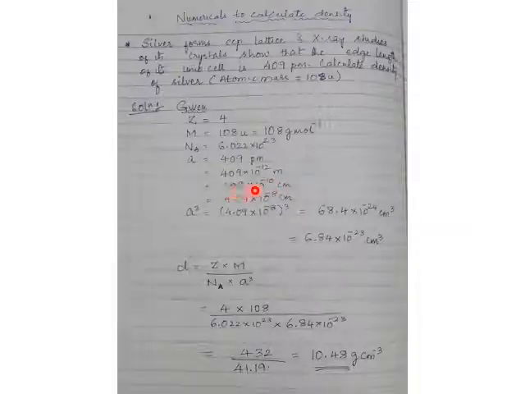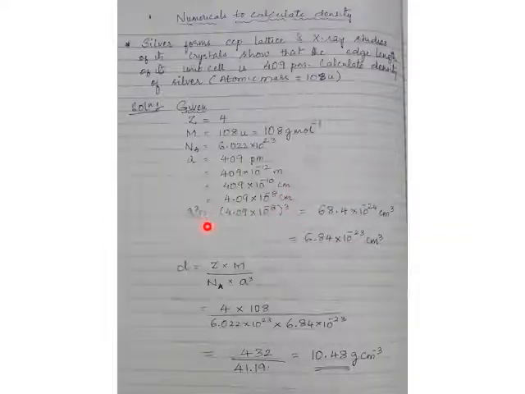So 409 into 10 raised to minus 10 centimeter. Whenever you are converting, simply add plus 2 in this exponential form. It will get converted into centimeter form. 409 into 10 raised to minus 8 centimeter. Shift the decimal, 4.09 into 10 raised to minus 8 centimeter.